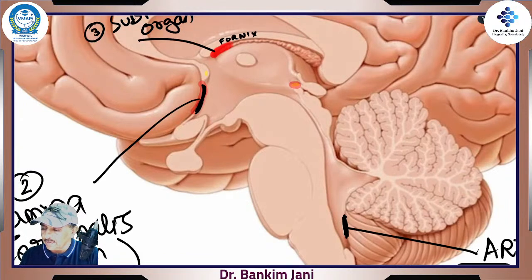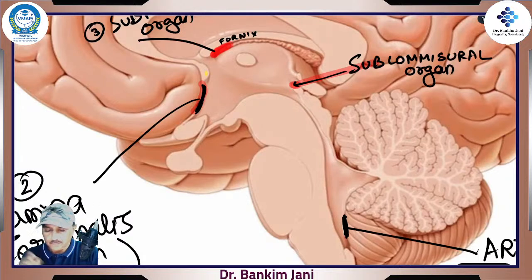This is the subcommissural organ. Above, I'm just writing H. H was for the habenular commissure. Just below it was the posterior commissure. Over here it was the anterior commissure. So this is subcommissural, between both of them, and then behind it is the pineal gland.